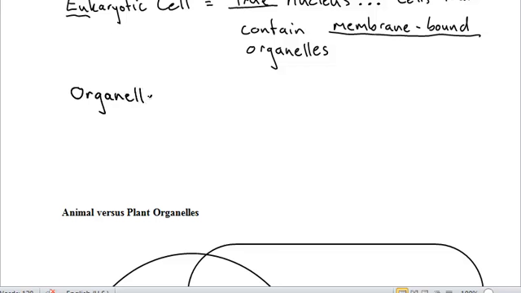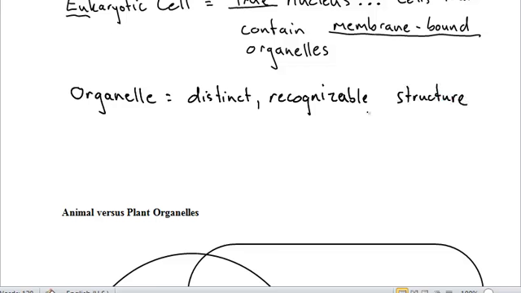So an organelle is a distinct, recognizable structure within a cell that performs a specific function.